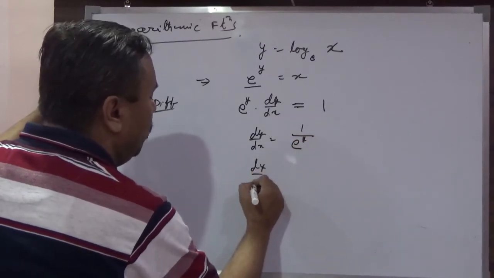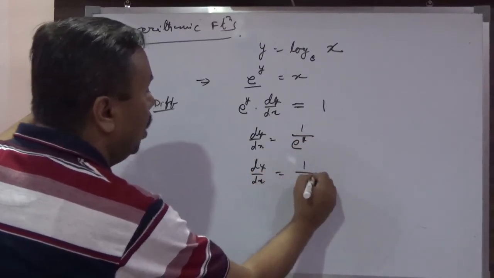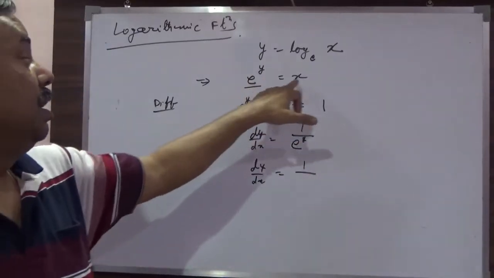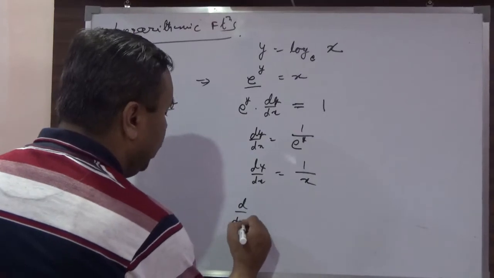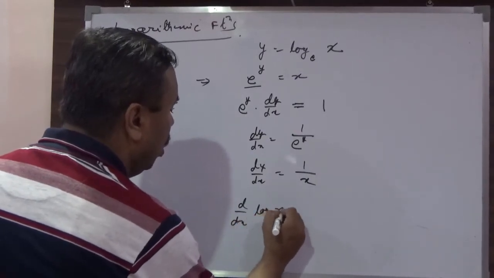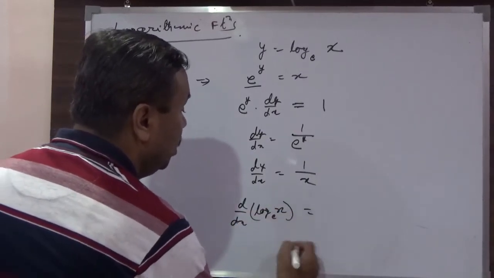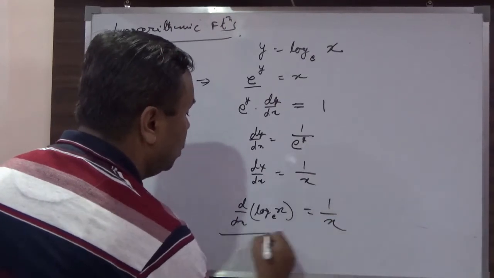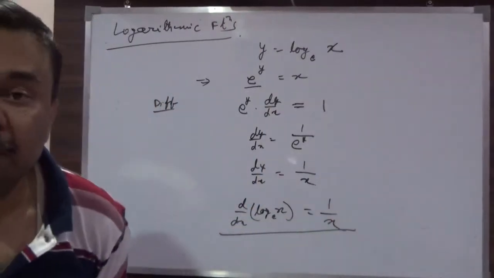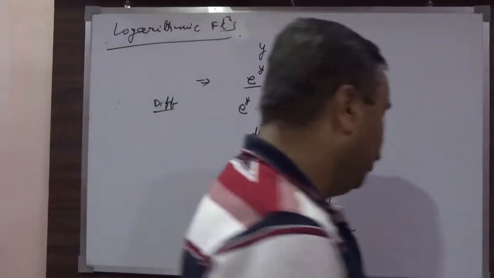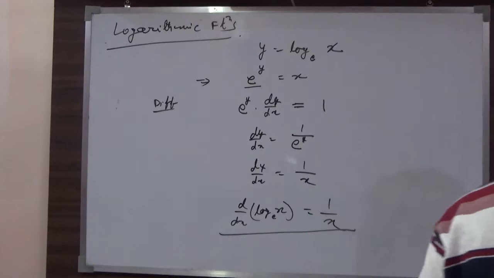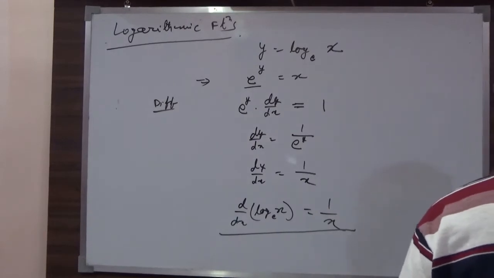What is e raised to the power y? That is equal to x. So I can say d by dx of log x to base e is equal to 1 by x. Very easy. This is one of the easiest portions that you have done.